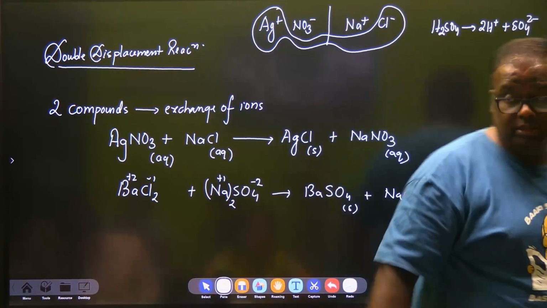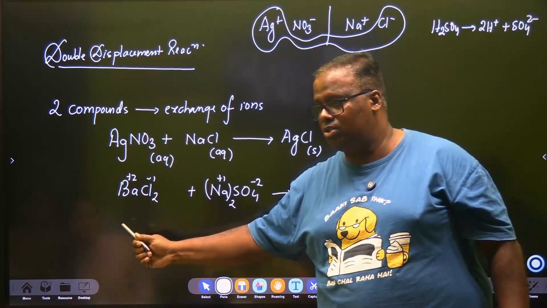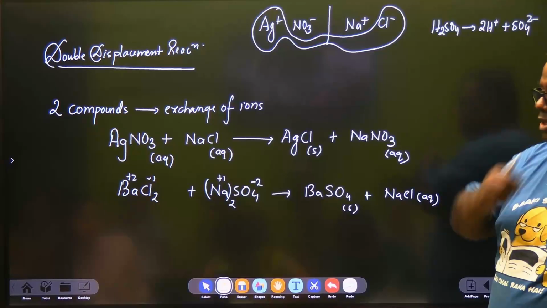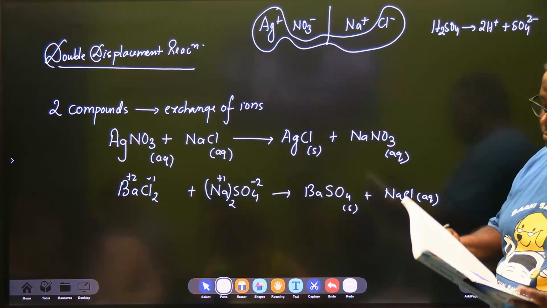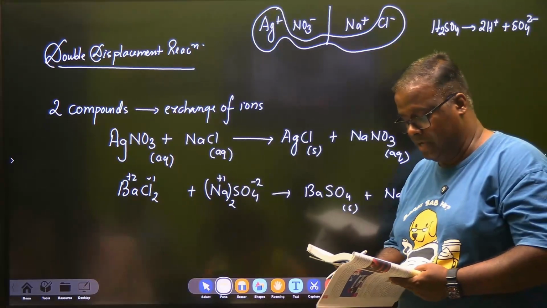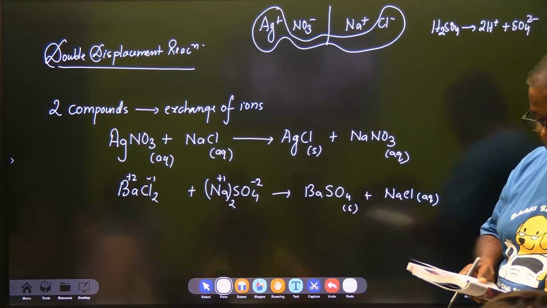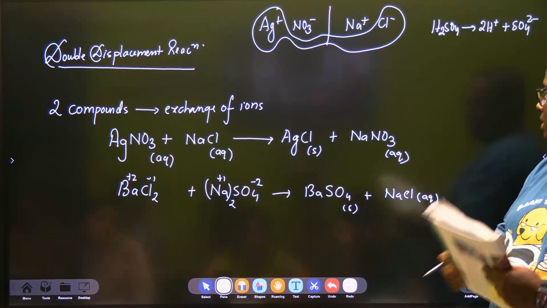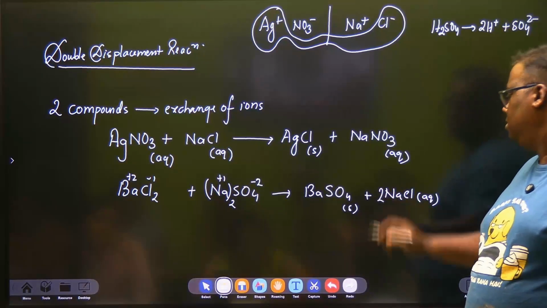This salt is soluble. Barium chloride is soluble. Barium sulfate is not soluble. Barium sulfate will always be a precipitate. And the sodium chloride will be 2NaCl.